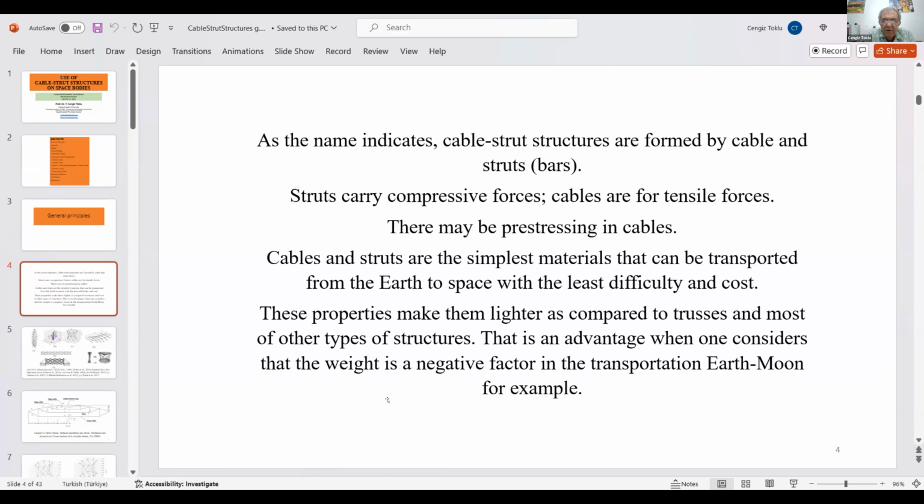They are, of course, formed by cables and bar struts. The struts are to carry compressive forces, and cables are to carry tensile forces.